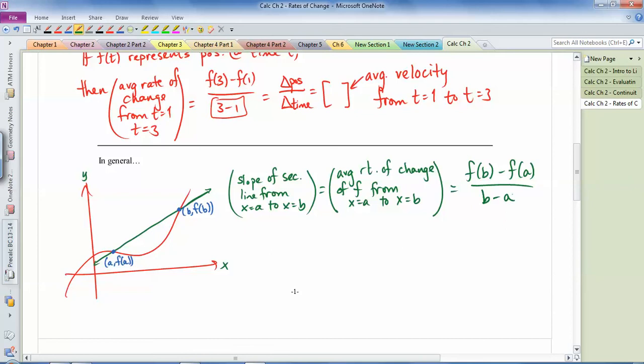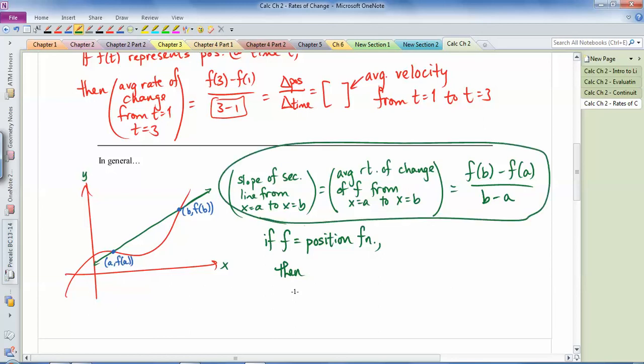And it turns out if f equals a position function, then all this stuff here represents your average velocity from time a to time b.